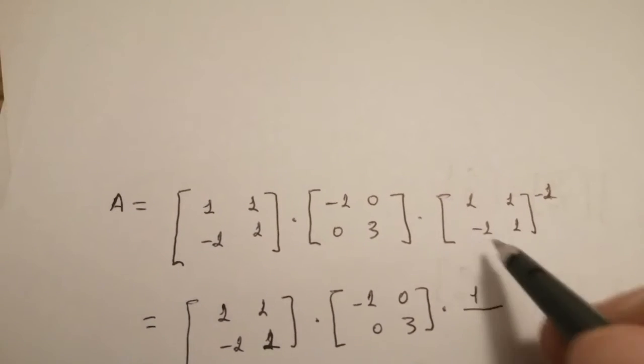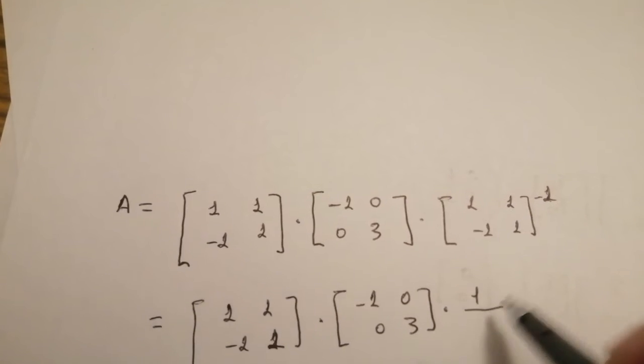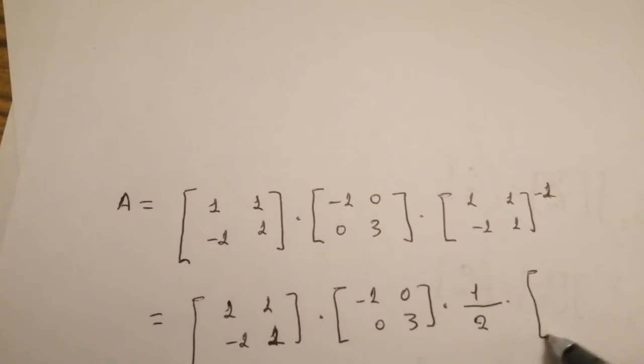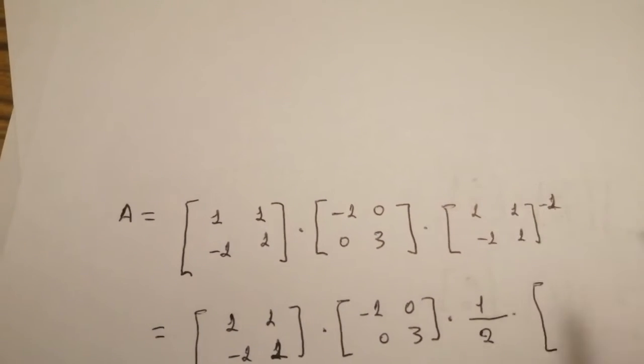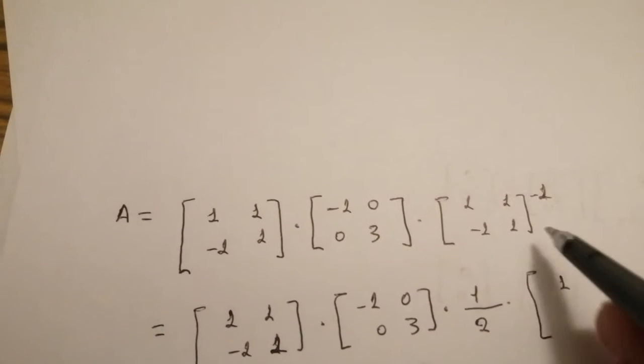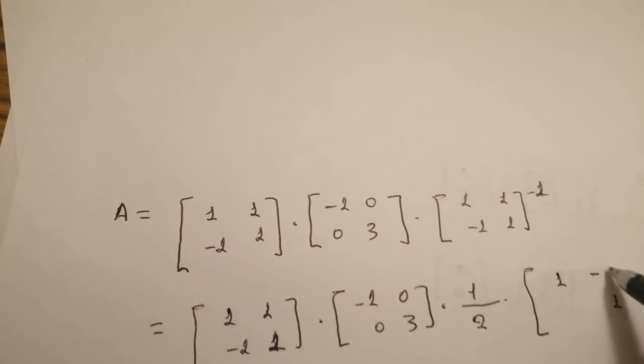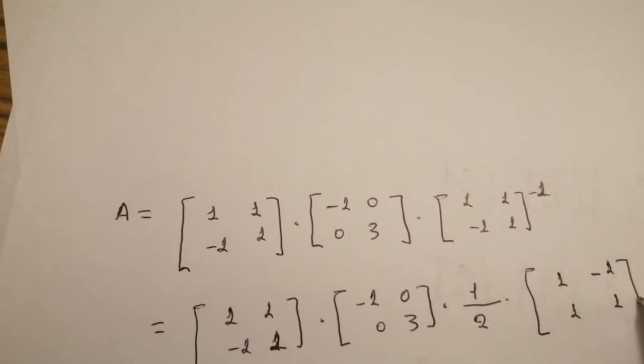The inverse is 1 over the determinant, 1 over 2, times we exchange these elements here, so it's 1, 1, and here we flip the signs, so it's minus 1, 1.